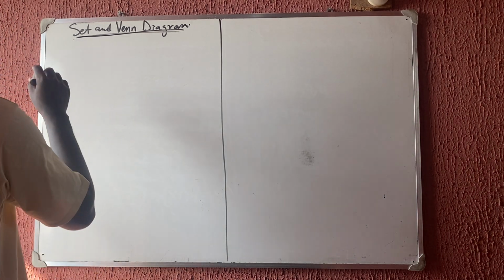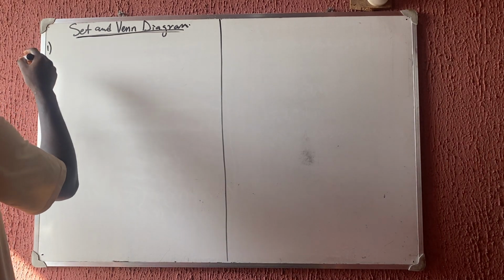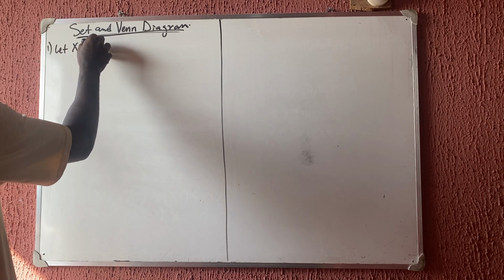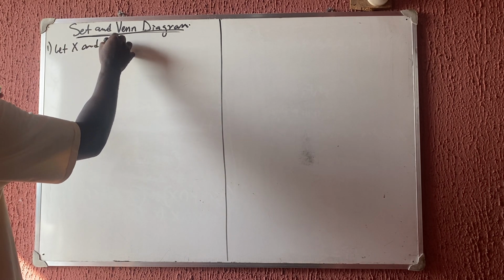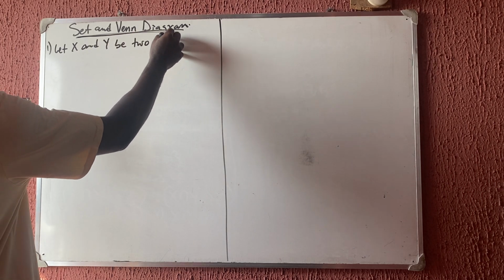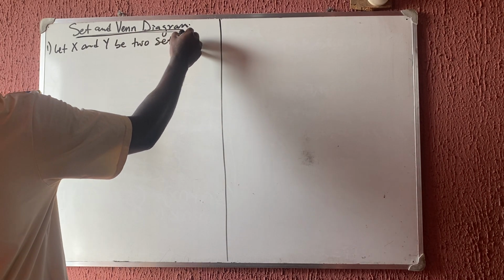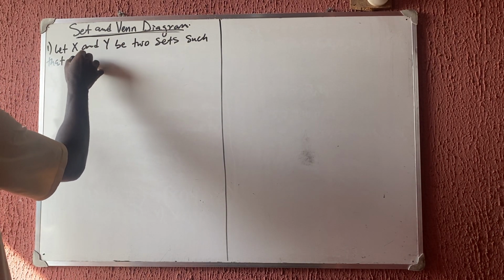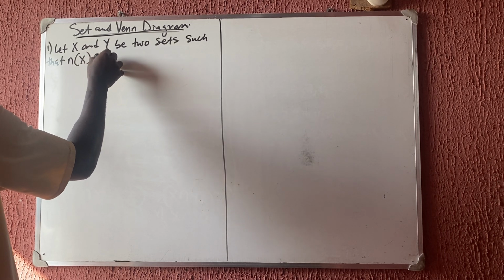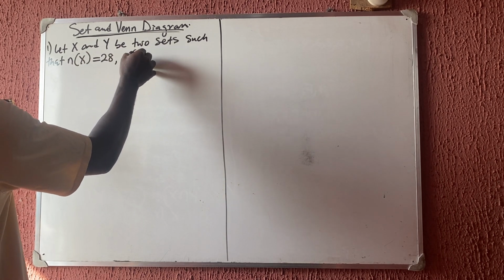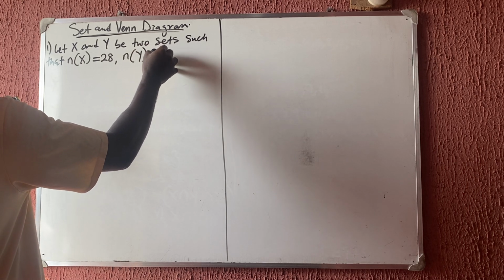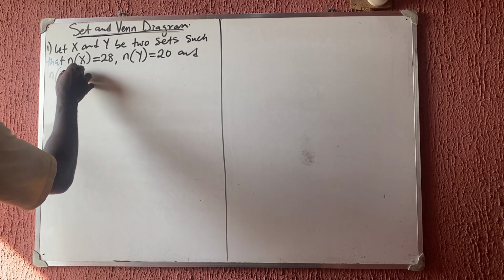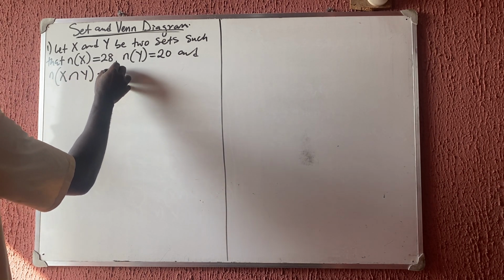So the first question, question number one, said: let x and y be two sets such that the number of elements in x is 28, the number of elements in y is 20, and the number of elements in x intersection y is equal to 36.